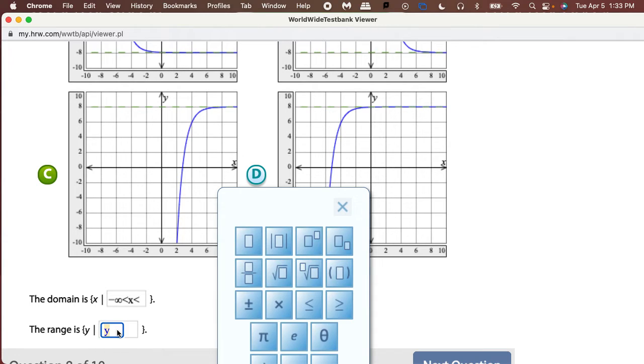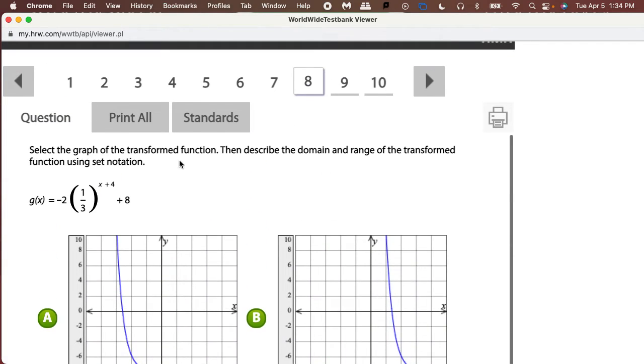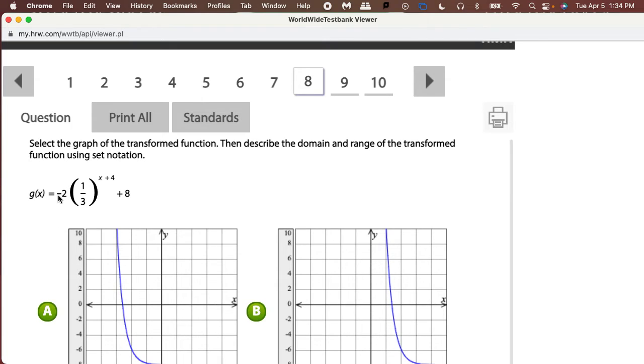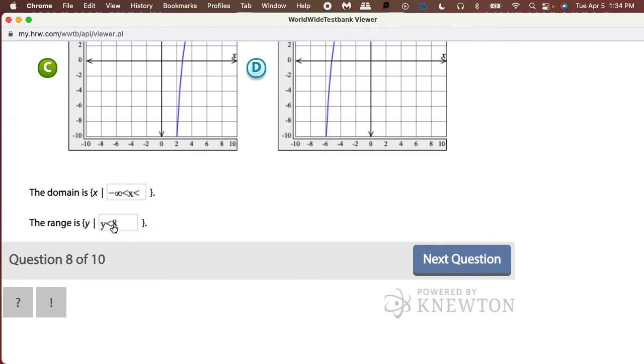So it's always less than 8 because you are adding a negative number to 8. See this guy? He is always going to be a negative number. Always, always, always. Adding a negative to 8 means it can't go. 8 can't go there.